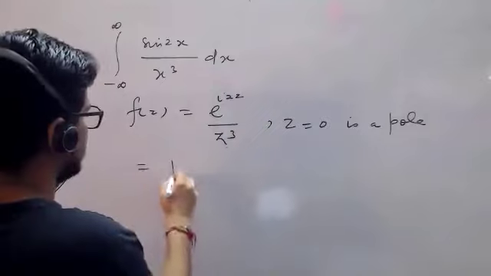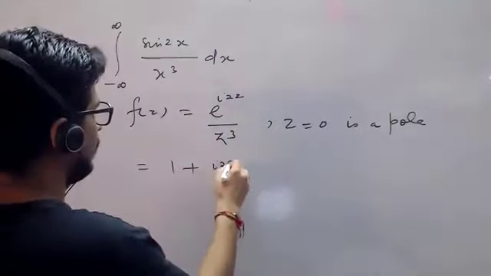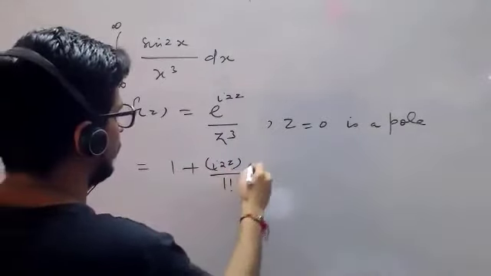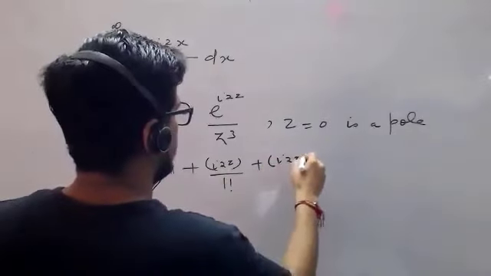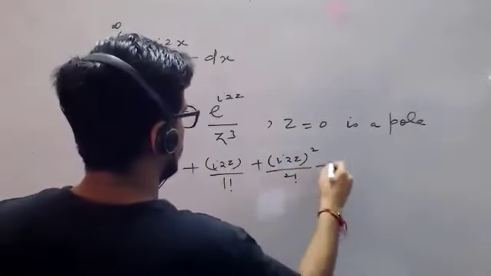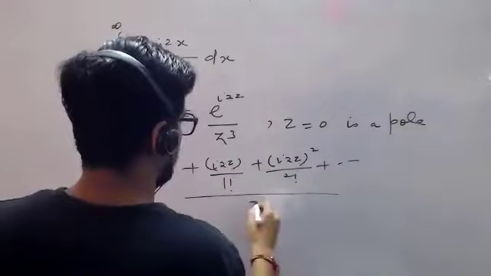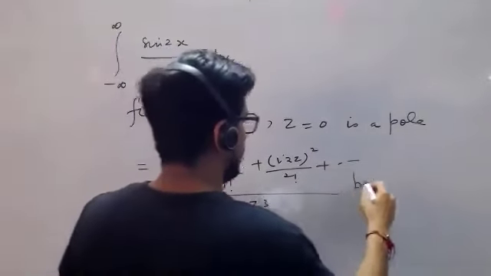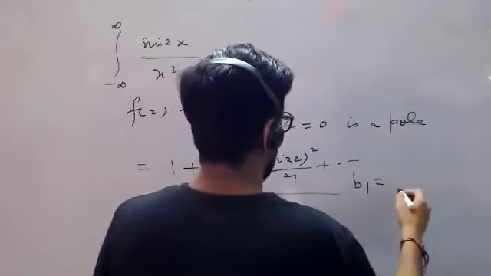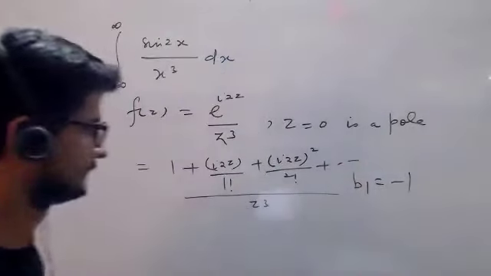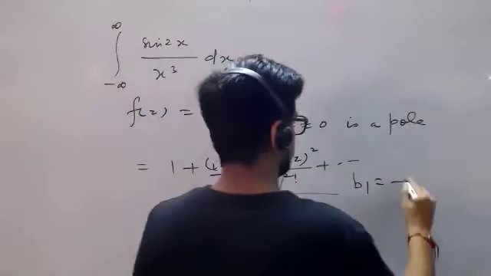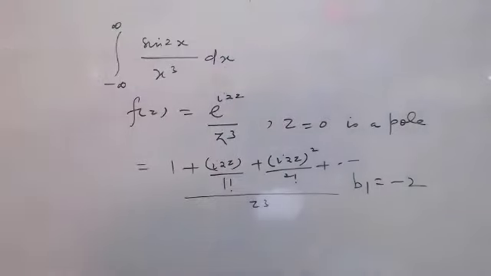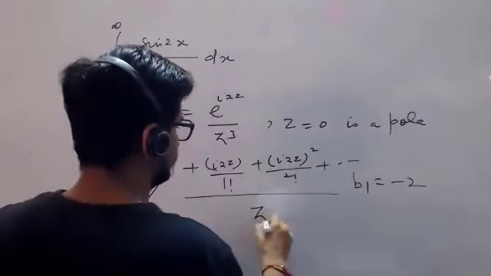So I can write it like this: 1 plus i2z by 1 factorial plus (i2z) square by 2 factorial plus and so on, upon z cube. So what will be the value of b1? It will be minus 2, since the denominator is z cube.